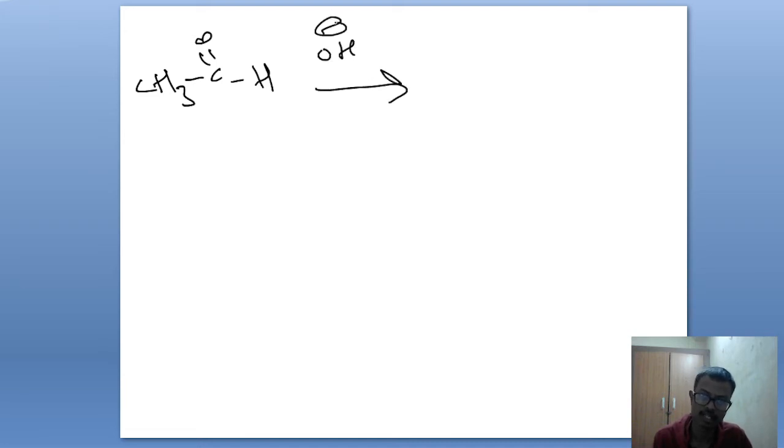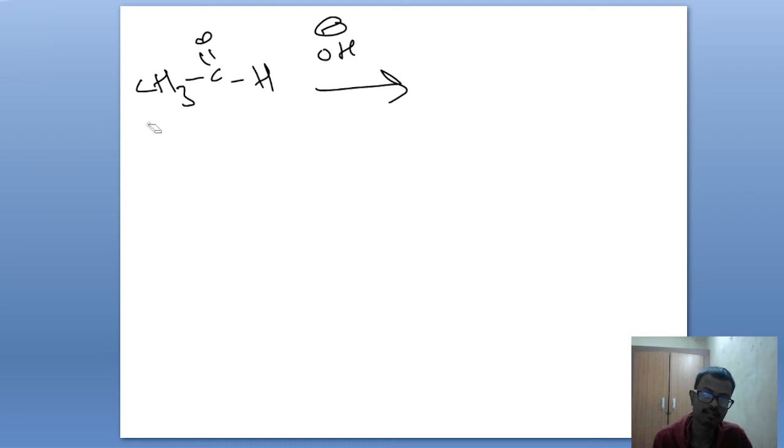Now let us take this simple aldehyde. Now if you treat it with OH minus, what happens? I told you these hydrogens are acidic in nature. So this is a base, OH minus is a base. This is the aldehyde functional group.